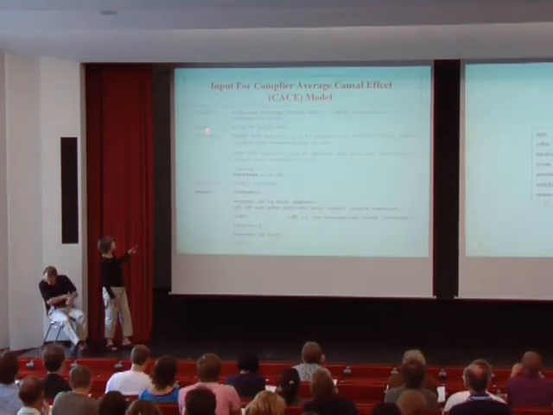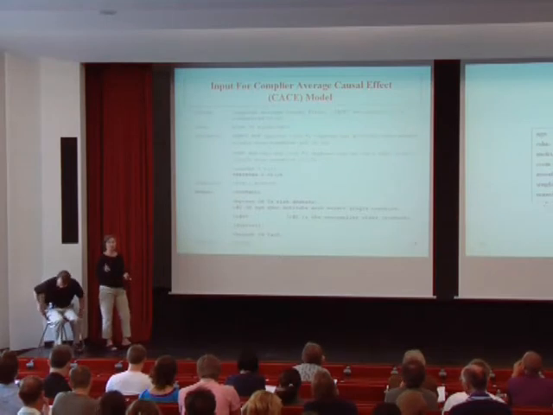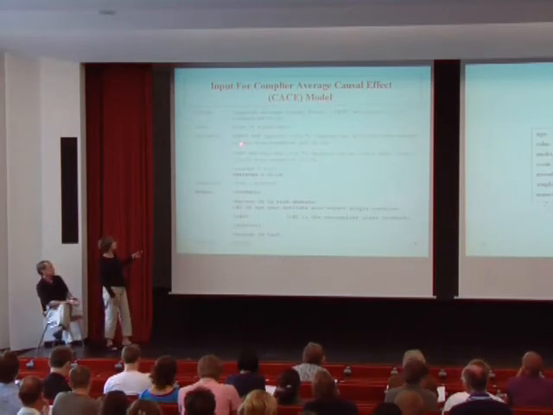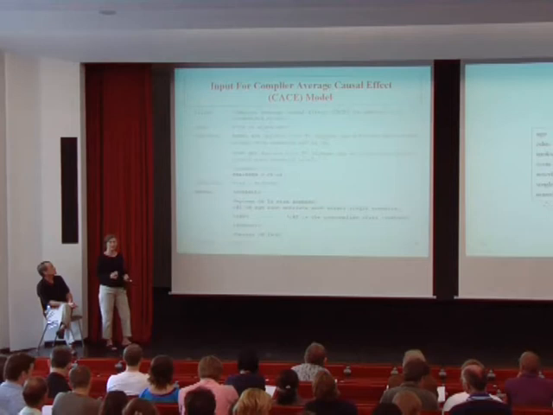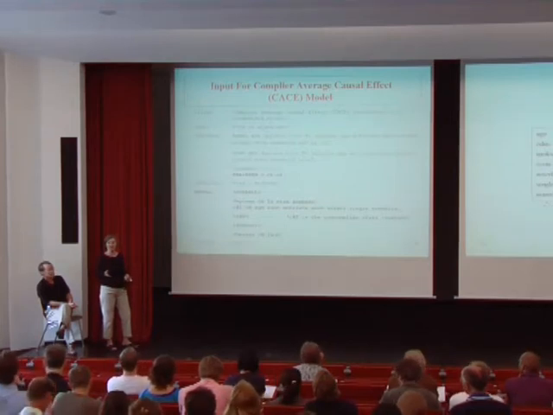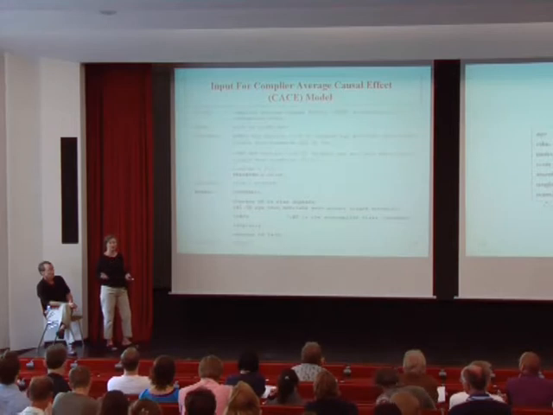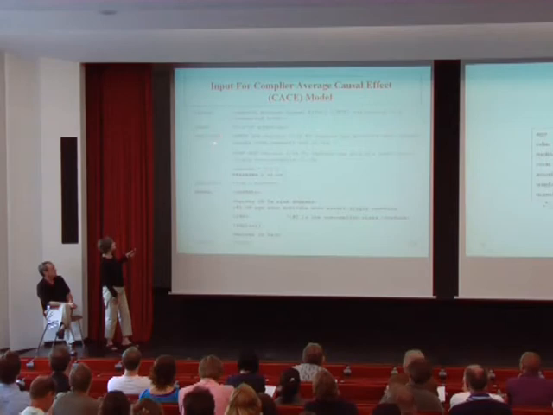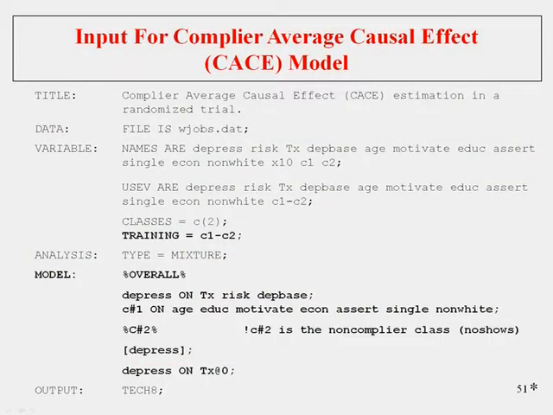The data command tells us where the data is. So the file option names the data set, and there are various other options in the data command. For example, if you have fixed format data and things like that. The variable command tells us all about the variables. The names option names the variables in the data set in the order that they appear in the data set, so we know where to find the information for each variable.